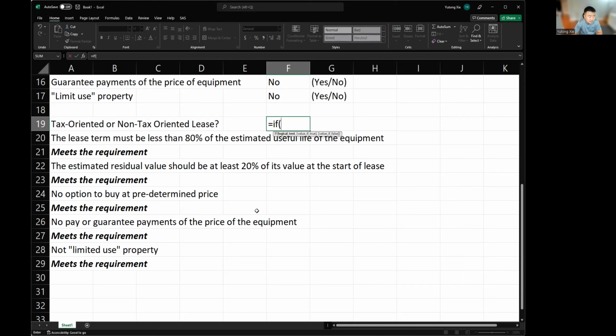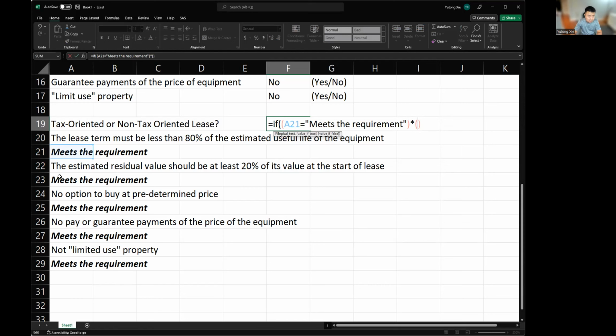So basically, you want every one of them to be meets the requirement, right? So for example, the first one, I want to say this equals meets the requirement. That's the first logic test. But what about the others? What you can do is give it a parenthesis and then use a multiply sign for the second criteria.